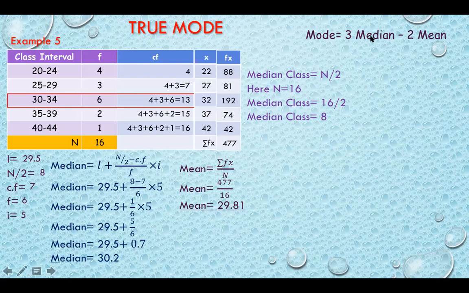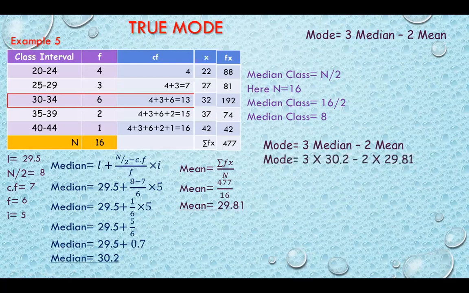Now we have the mean in hand, we have the median in hand. So the formula is mode equals three times median minus two times mean. Giving the median and mean there, mode is equal to 3 multiplied by the median value 30.2, minus 2 times the mean 29.81.